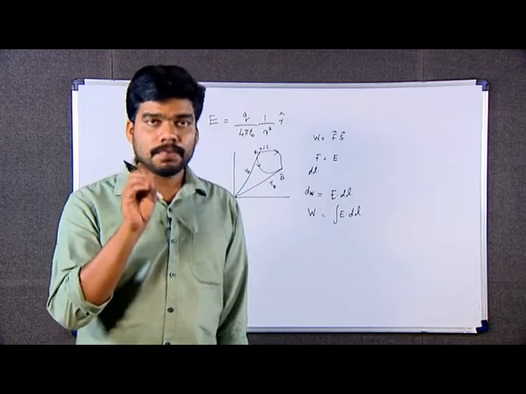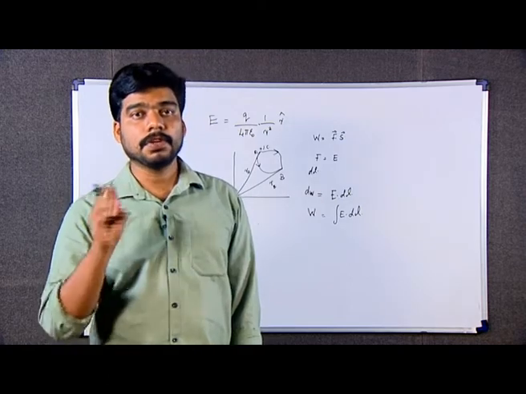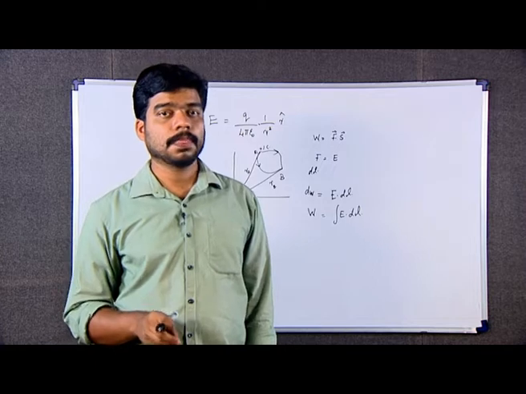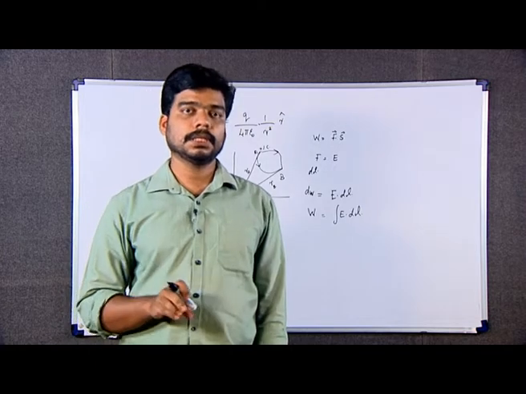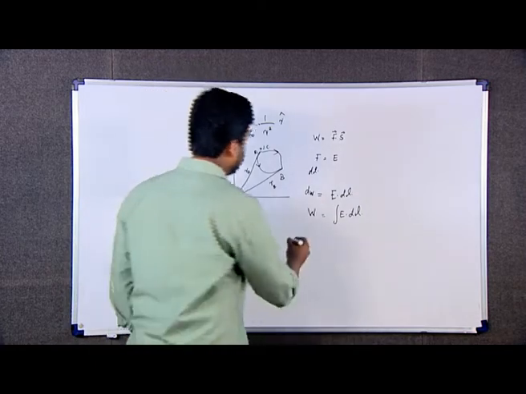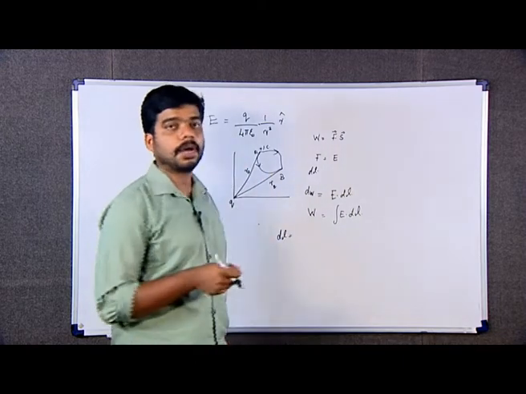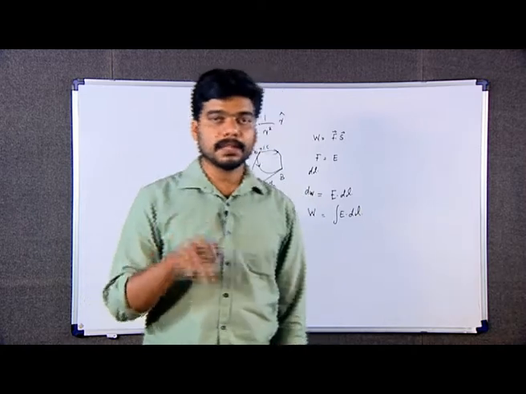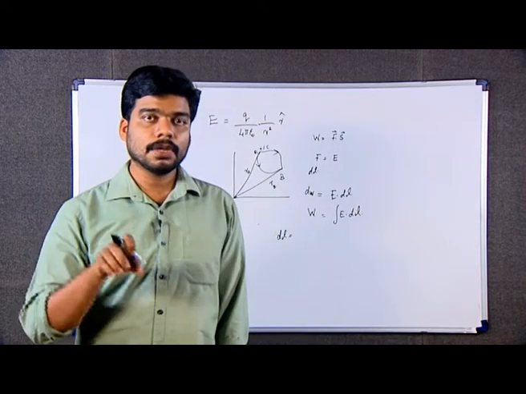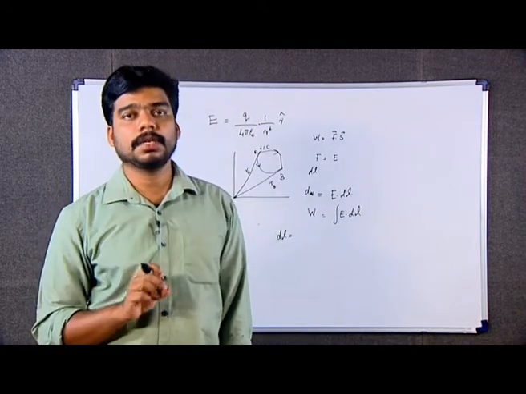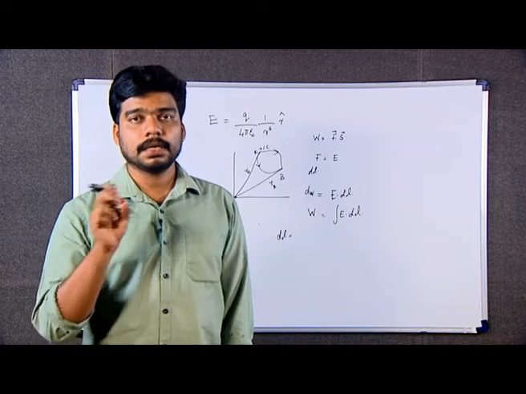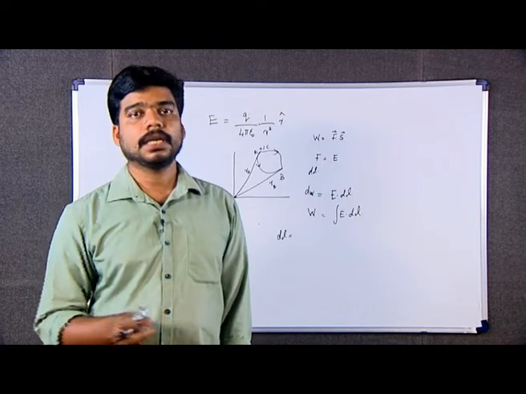In which coordinate system will we choose this dl? In most cases we choose dl in the spherical polar coordinate system, and in mathematics you have learned how to write this small elementary length dl in terms of r, theta and phi.